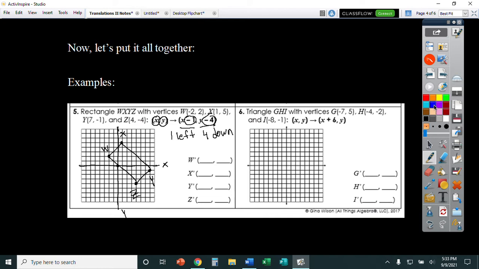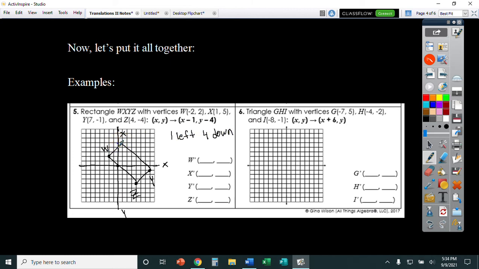Now I'm going to use a different color so we can clearly see the difference, okay? And I'm going to erase at least this part up here. There we go, so it won't look so cluttered. Okay, I don't even have to look at these anymore, but I can take each vertex and move it 1 left and 4 down.